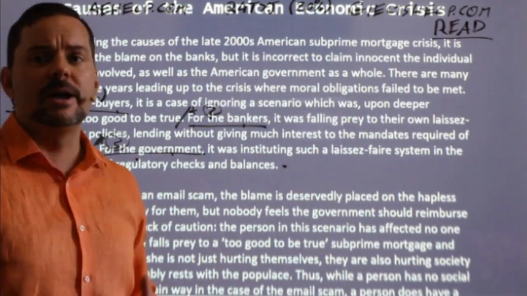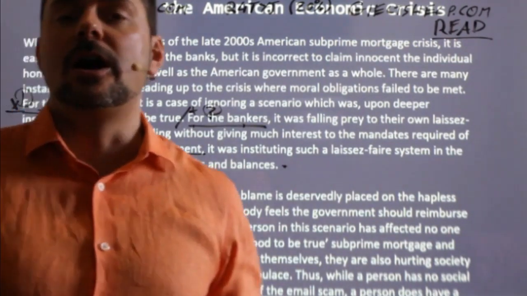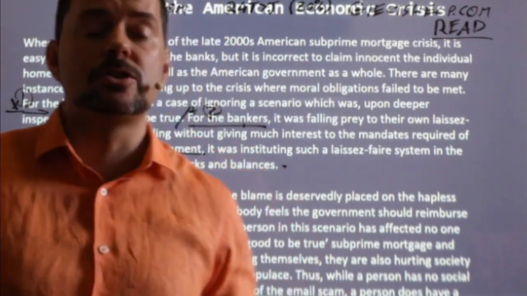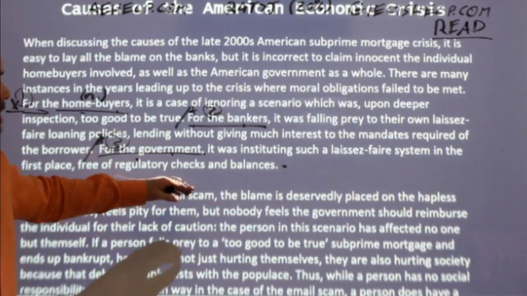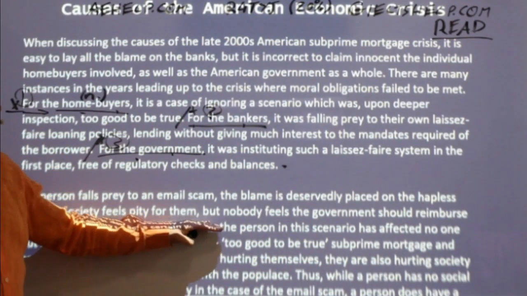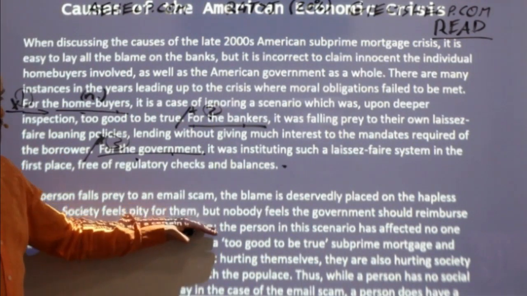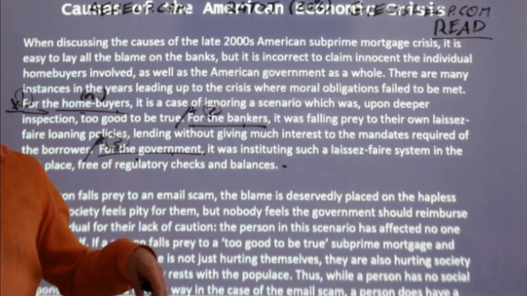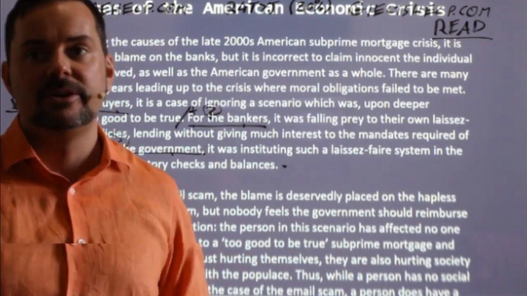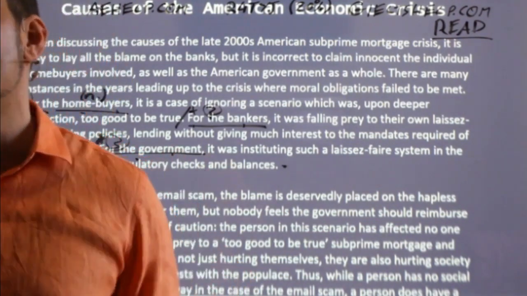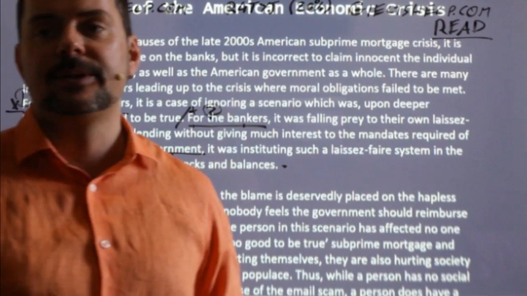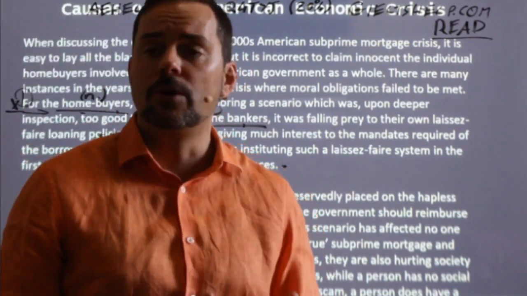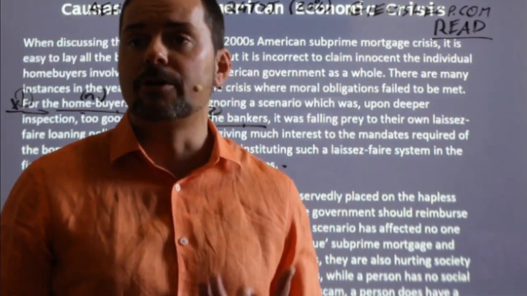So now my question is this. What will we read next? What do you think will come in this first body paragraph? And then after the first body paragraph, what do you think will come in the next body paragraph? What do you think will come in the third body paragraph? Yeah, you guessed it. It's going to be the same order of information.